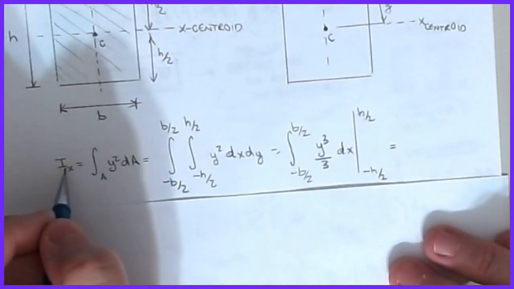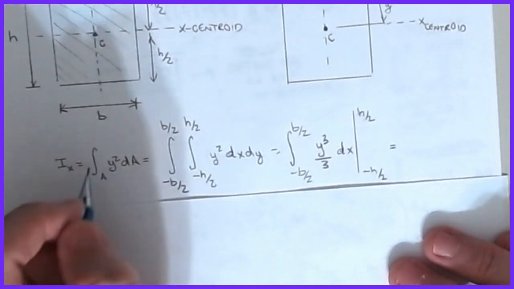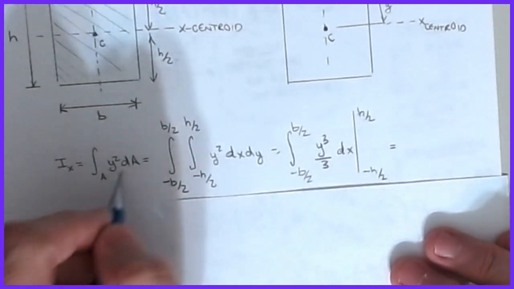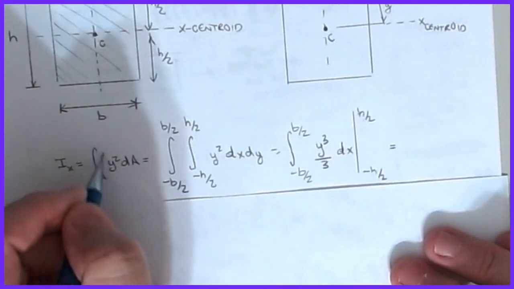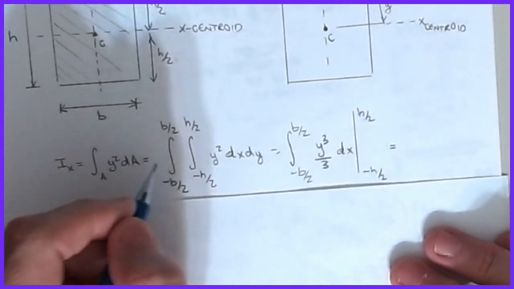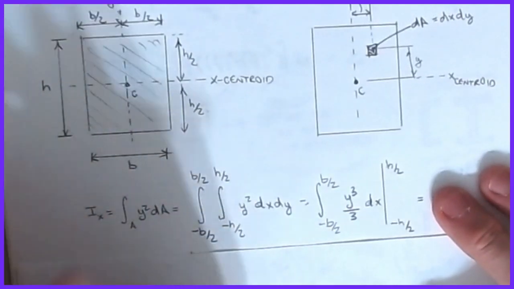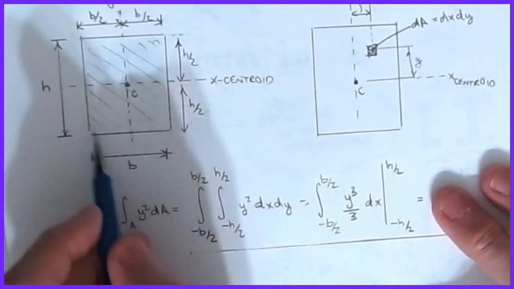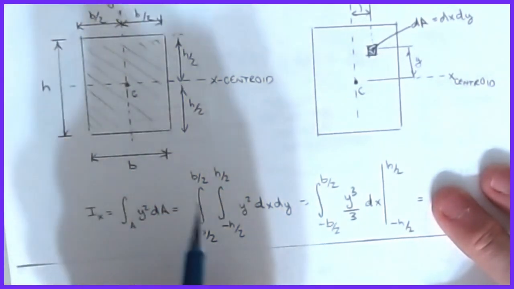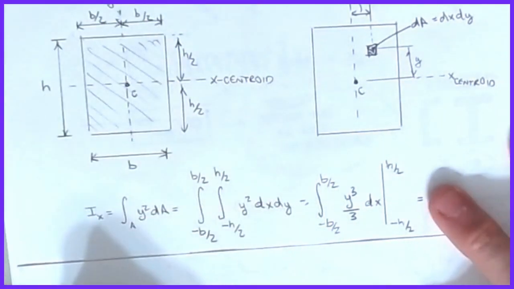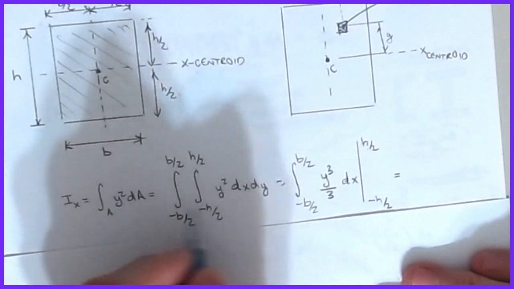Okay, and so it's basically a calculus problem at this point. I know that Ix is equal to the integral over the area of y squared dA. I can take a regional integral and turn it into two linear integrals, because for a rectangle it's pretty easy: this line is horizontal, this line is horizontal, and this one is vertical, and this one is vertical. It's pretty easy to define this region in terms of two linear integrals.